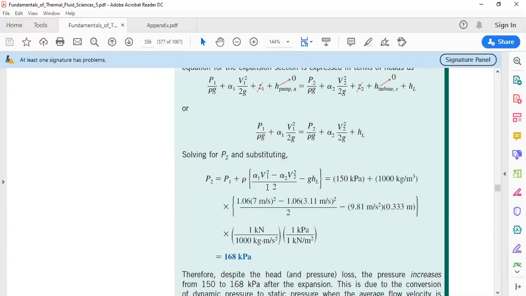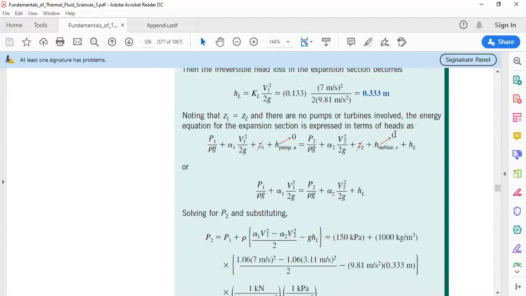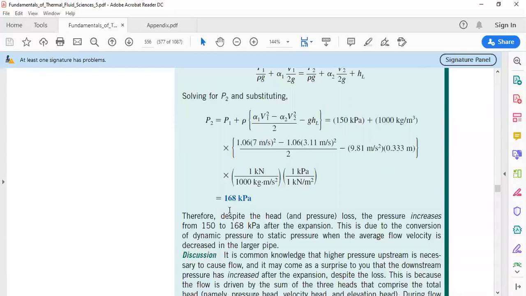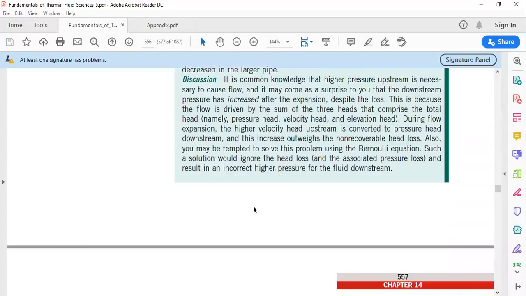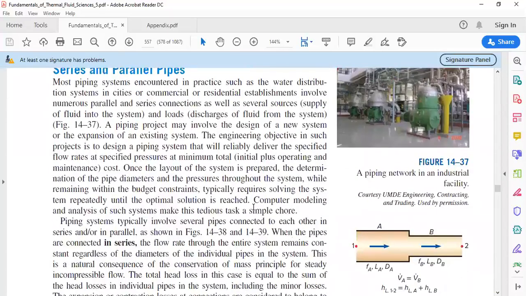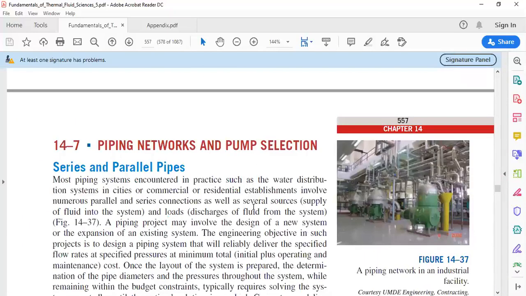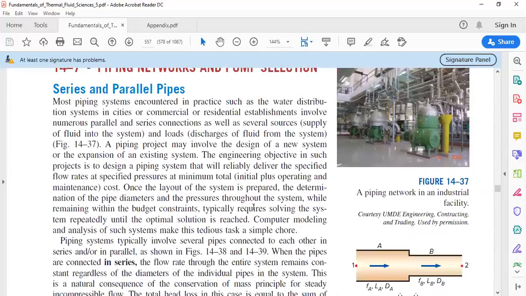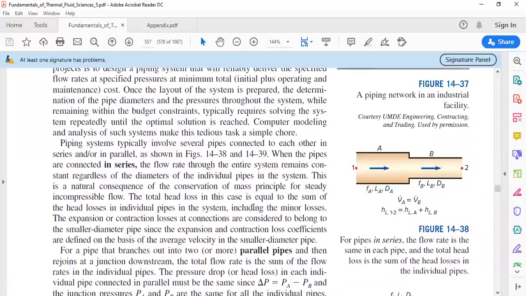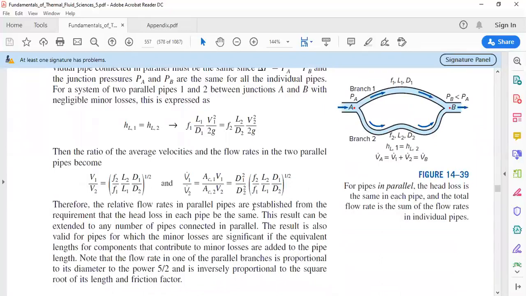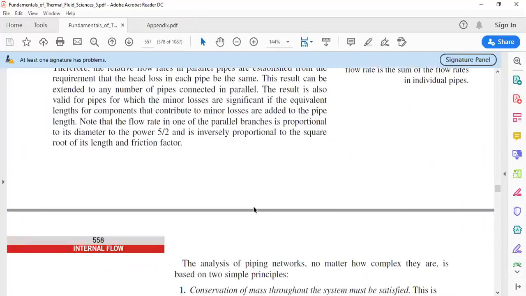So plug in the values for V1, V2, and the head loss; no pump, no turbine, so they cancel, and Z1 and Z2 are equal, so they cancel. Eventually, we find the pressure at section 2 to be 168 kilopascal. So there was a pressure increase from 150 to 168 kilopascal through the expansion, which is expected. A drop in velocity is accompanied by a rise in pressure.